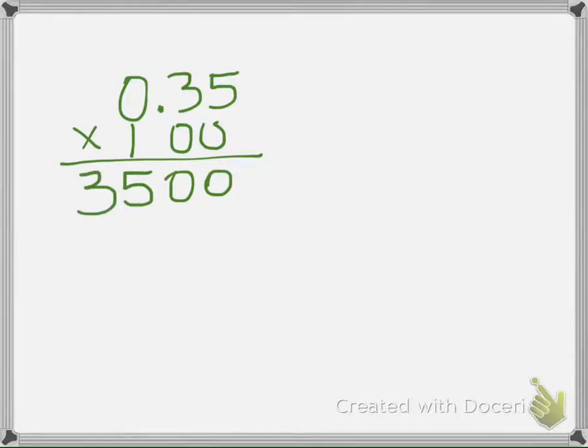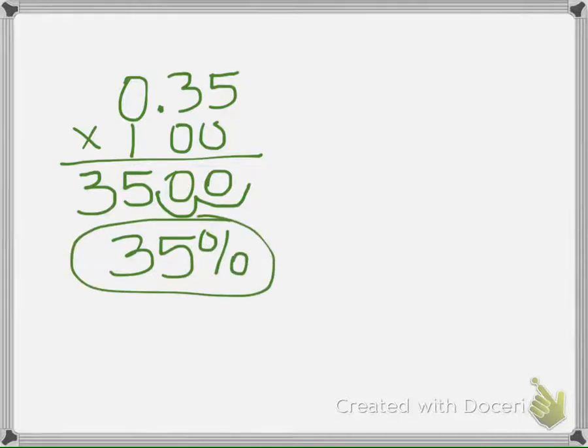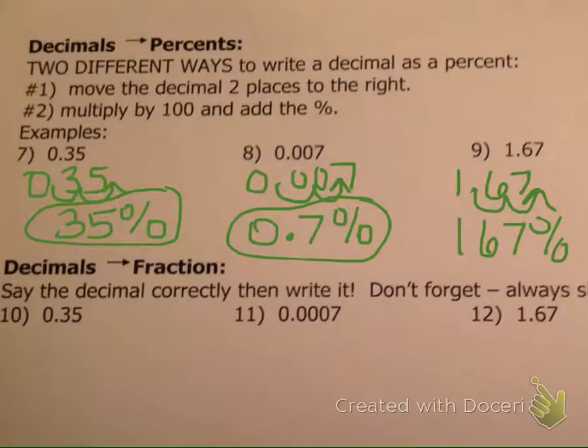And you're going to move the decimal 2 places. 1, 2. So I'm at 35%. Same thing. I think moving the decimal to the right is the easier way, but in case you forget, multiply by 100.